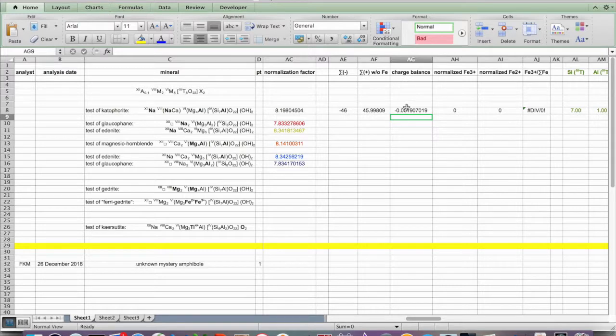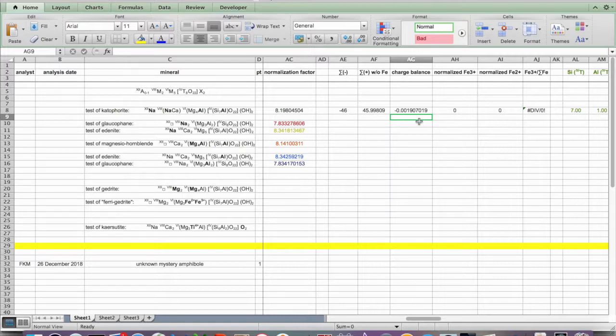And again, you can see that this number nominally ought to be 0 because there isn't any iron in this, but because of rounding error, it's a very small deviation from 0. But that is certainly within the realm of the precision that I need, and so I'm happy with that number.